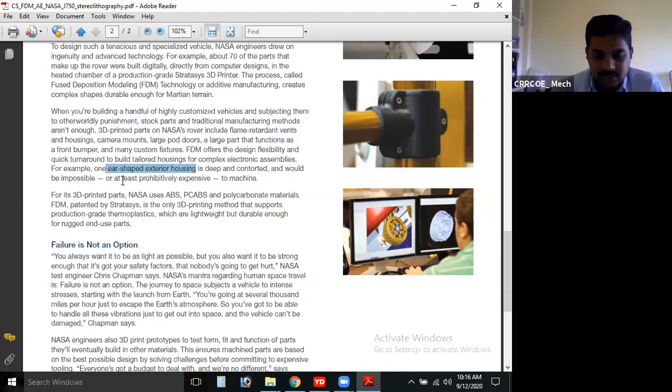The tools that prepare these special shapes, some SPMs, special purpose machines, were required and previously used, but nowadays separate manufacturing methods are being replaced.